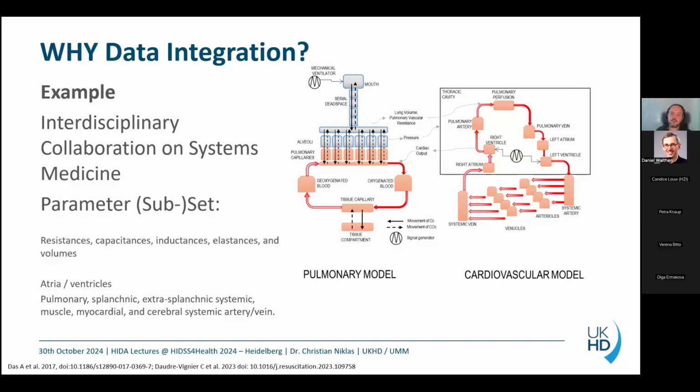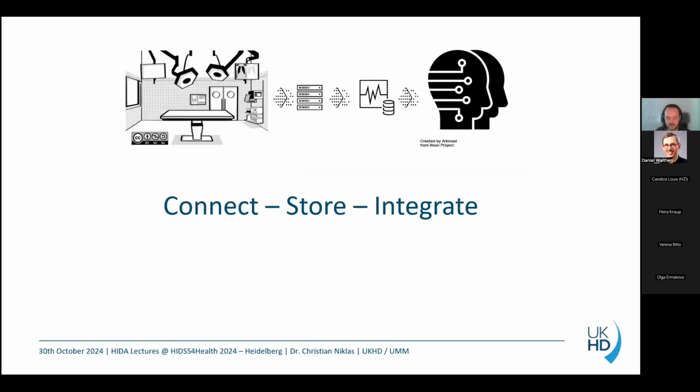So I saw some benefit in actually making that resource that we measure in cath labs, like catheter labs in cardiology or in theaters on a day-to-day basis available for research, because I wanted to basically build my models better and have less work with looking through old studies that recorded these parameters. So this is the motivation, and now I'll come to the concept I called connect, store, integrate, and I tried it. I hope this makes sense to some degree, and I'll drag along that pictogram.